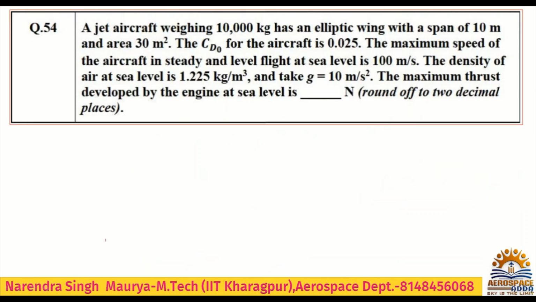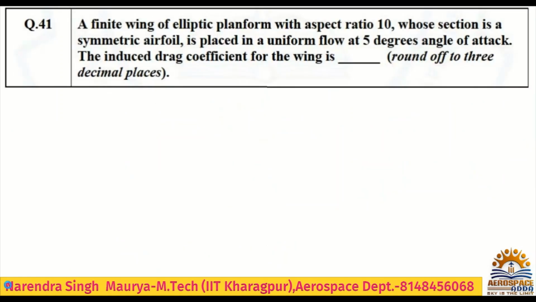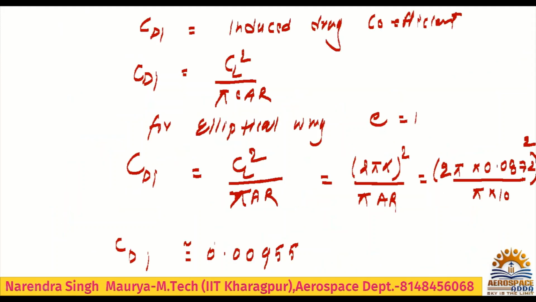Okay, all right. So let me check what value. Round up to 3 decimal places they are asking. So for 3 decimal places, approximately you can write 0.009. So this will be the answer.